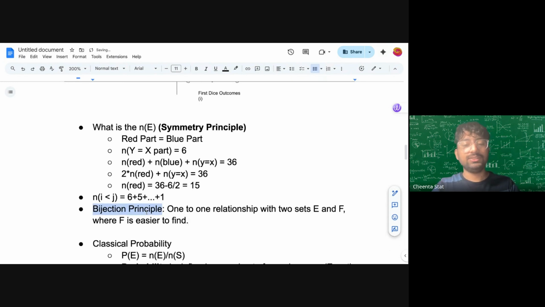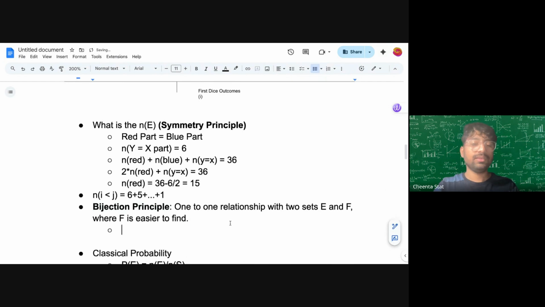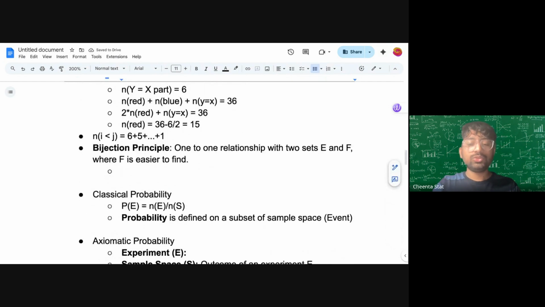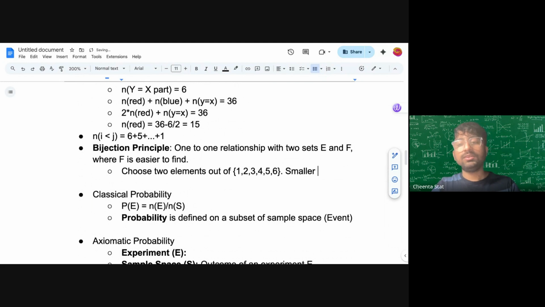So in this case, you can do this thought experiment: choose two elements out of 1, 2, 3, 4, 5, 6. Assign the smaller one to be i and the larger one to be j.